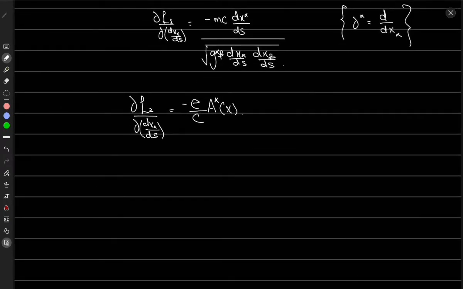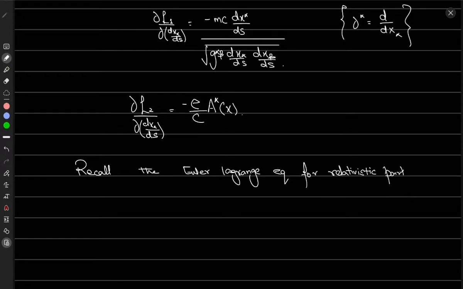Now recall the Euler-Lagrange equation for the relativistic particle. We have worked that out. It is partial L over partial x alpha minus d over d tau of partial L over partial dx alpha over ds, right? This thing is equal to 0.